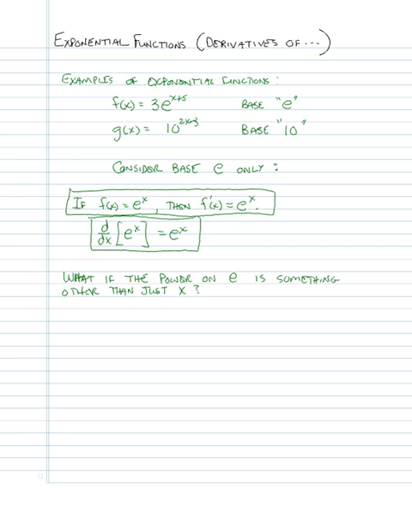Well, for instance, as an example, what if f of x is equal to e to the 3x plus 4 power? And that's not an unusual thing that we might see. Then how do we find f prime of x in this case? It's not exactly what you might guess. So that's what we need to know about.